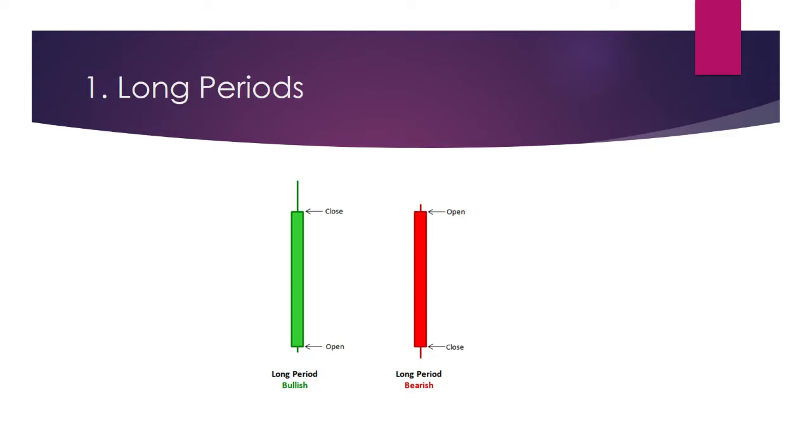It has extreme volatility, I should say. It indicates a very strong buying pressure in the case of a bullish long period, or a strong selling pressure in the case of a bearish long period. Traders with huge orders are heavily participating in only one direction of the market during the trading period.